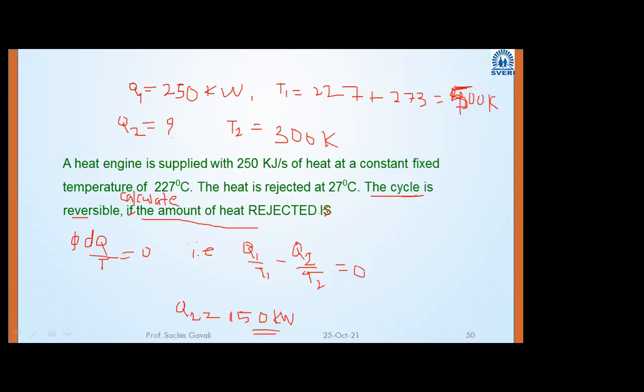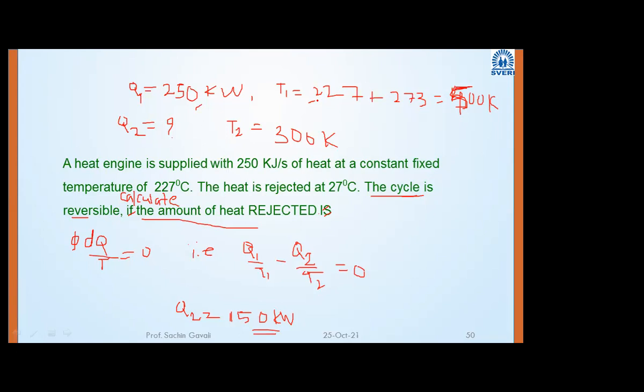And we know Q1, we know T1. Q1 is equal to 250 kilowatt. T1 is equal to 227 plus 273, that is 500 Kelvin. And T2 is 27 plus 273, which is 300 Kelvin.